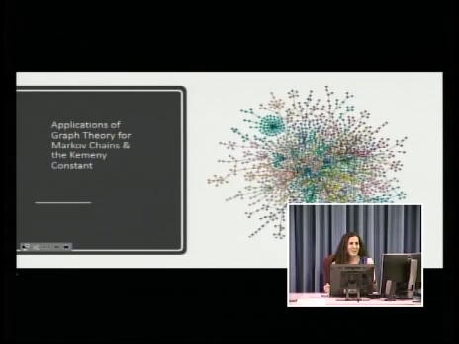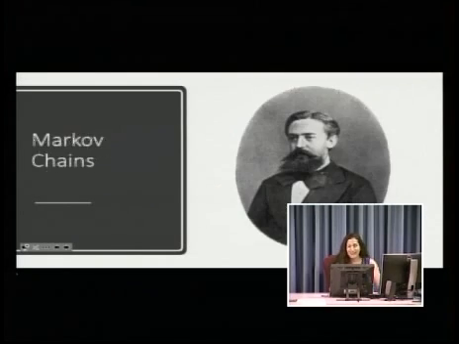Graph theory is a more geometric point of view. So I was interested in how graph theory can complement the study of Markov chains. And the Kemeny constant is a really interesting quantity that's related to the underlying structure of the graph of the Markov chain.